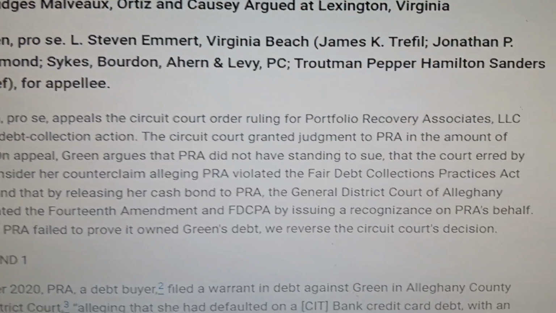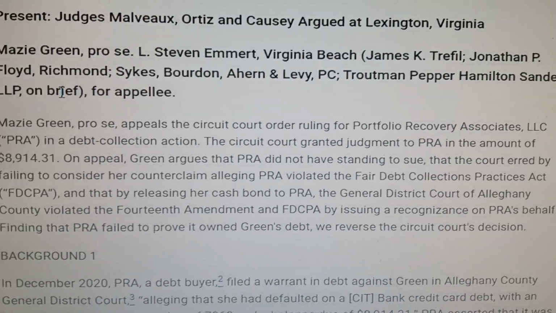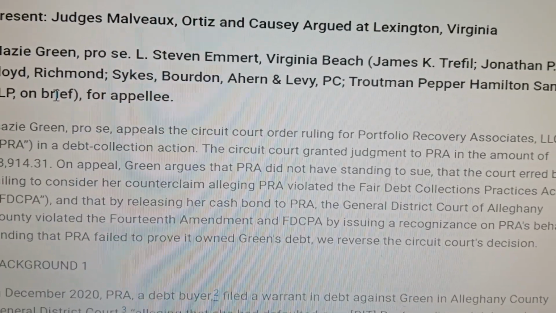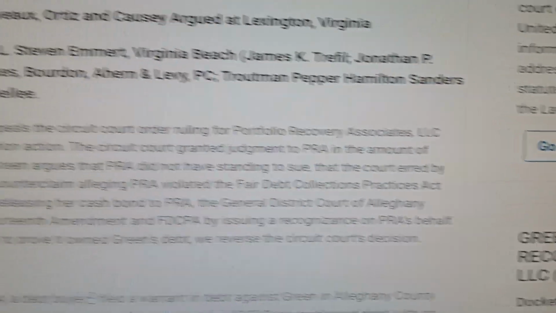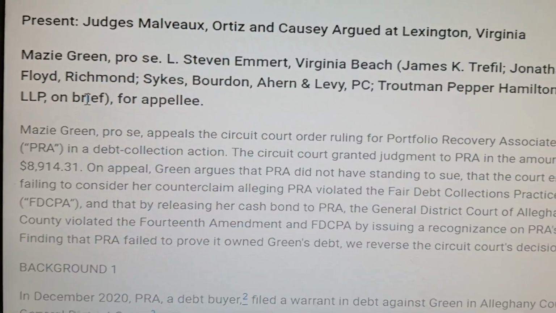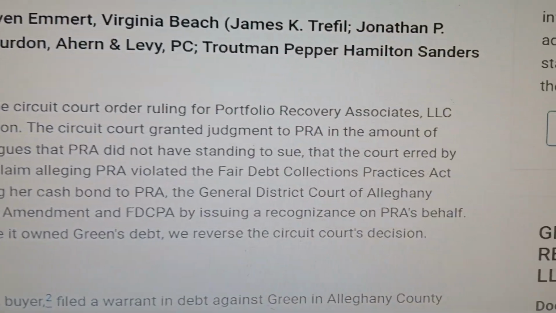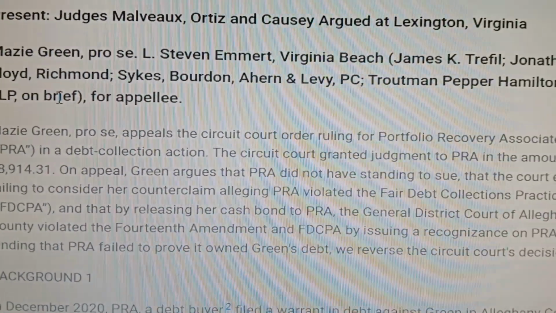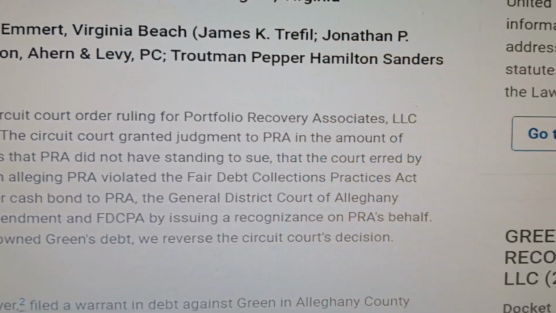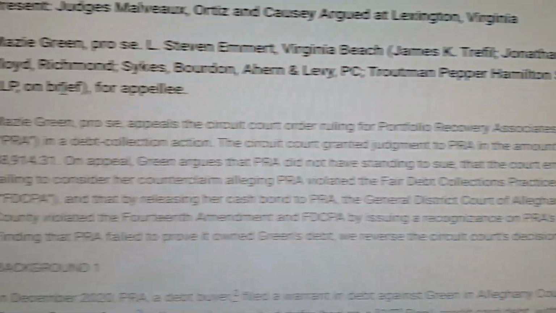On appeal, Green argues that PRA did not have standing to sue and that the court erred by failing to consider her counterclaim alleging PRA violated the Fair Debt Collection Practices Act, or FDCPA, and that by releasing her cash bond to PRA, the General District Court of Allegheny County violated the 14th Amendment and FDCPA by issuing a recognizance on PRA's behalf.